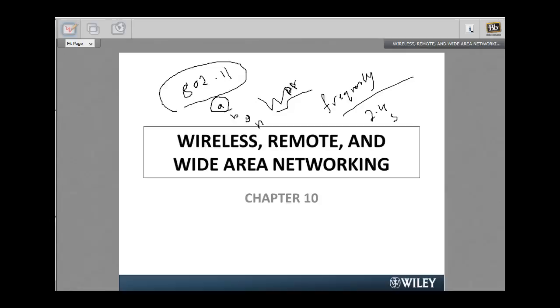B came after, and G now is the current standard, and N is actually being developed for very high speed, and it is in the drafting process. The IEEE is the organization which produces these standards.